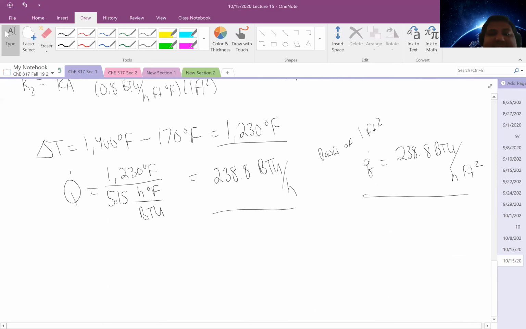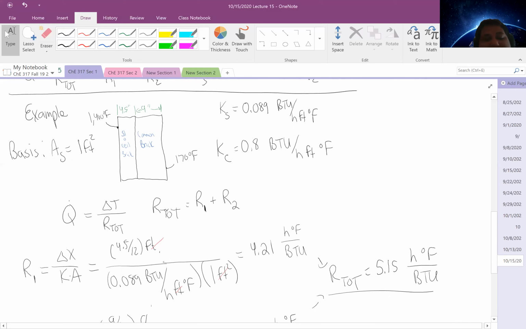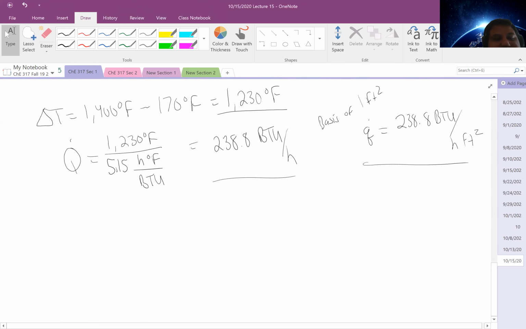Now, the last thing the question asked was the temperature between these two layers. So you know it has to be somewhere between 1400 degrees Fahrenheit and 170 degrees Fahrenheit. And so to find the temperature between the two layers, we have to consider the modification of our expression.